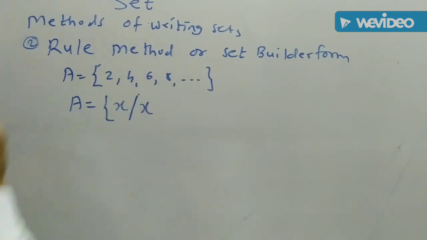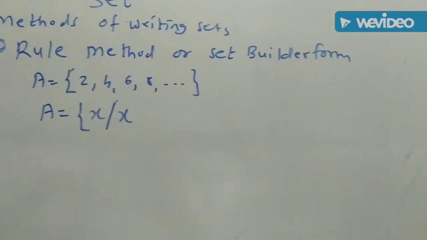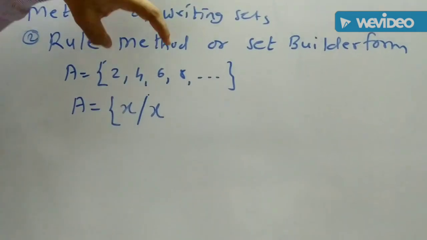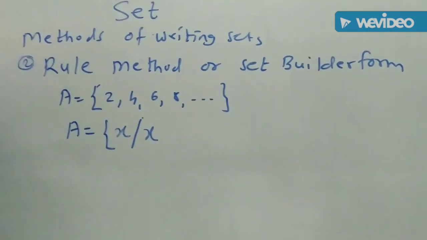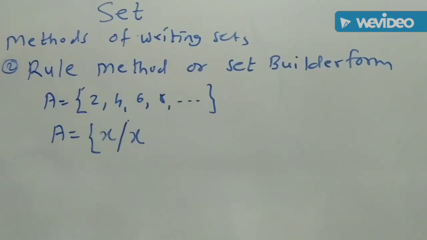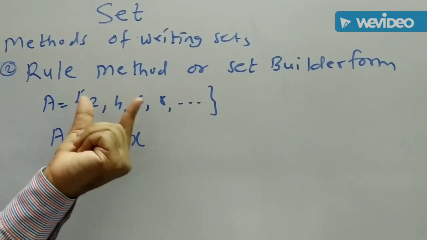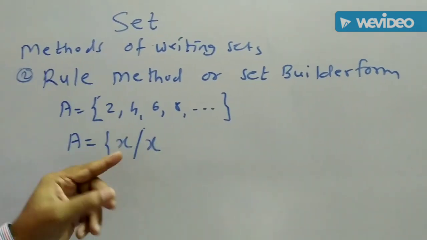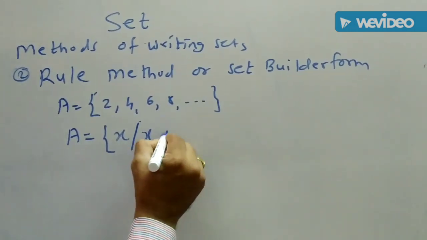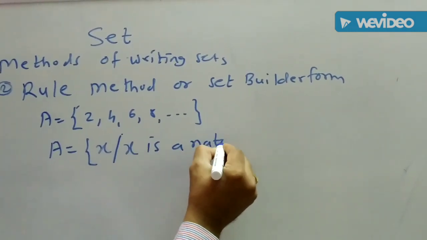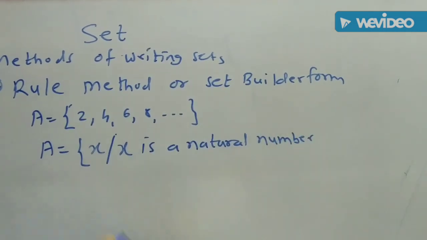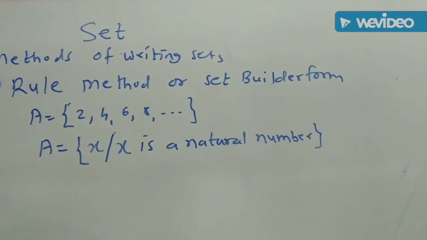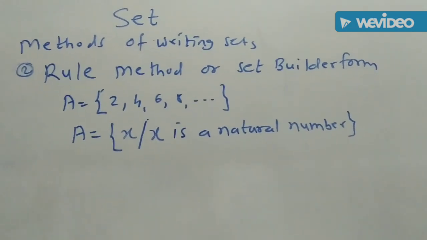Then again write the given variable and write the property in which the elements are collected. Now these elements are collected in the property of even natural numbers. Therefore here we write x is an even natural number, and this is the rule method or set builder form.